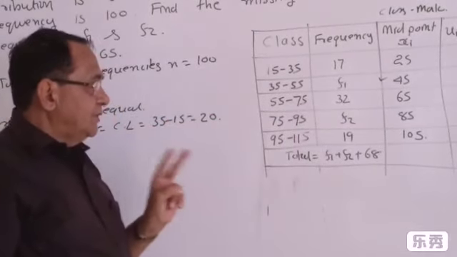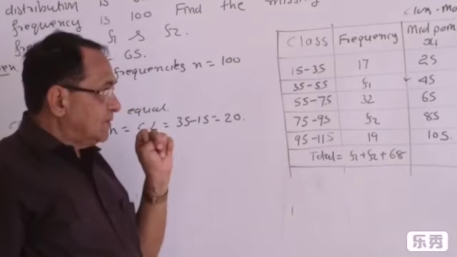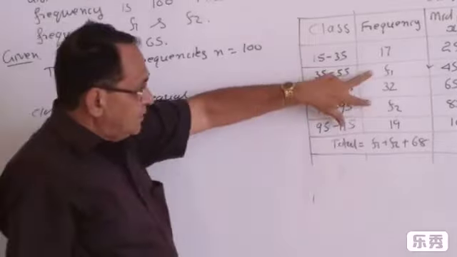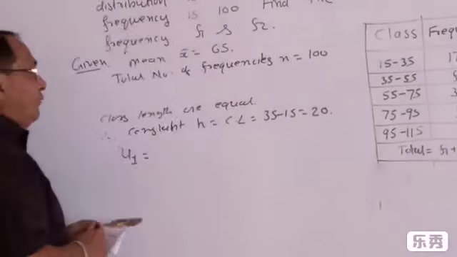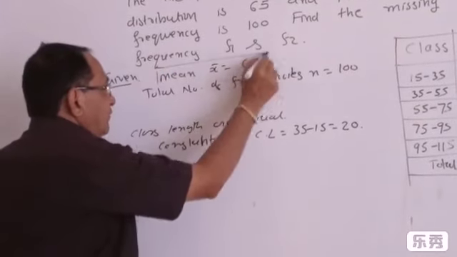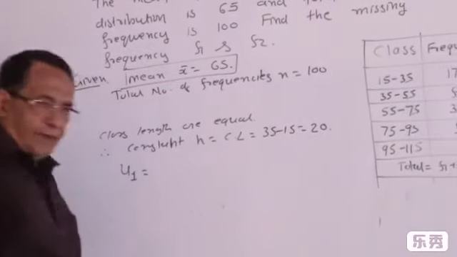How many missing frequencies are there? Two. In the earlier example, how many were there? One. With two missing frequencies, you are given the value of the mean, 65, and the total number of frequencies, 100.